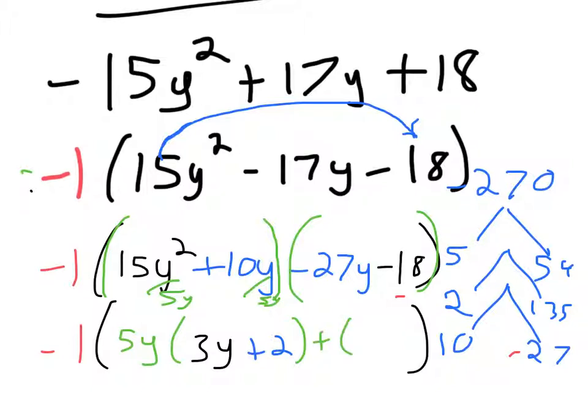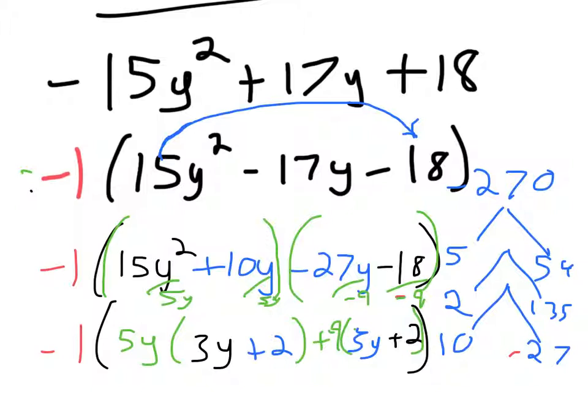So now let's do the same thing for the next green parentheses. We have negative 27y subtract 18, and we don't like negatives, so since both those are negatives, let's try to factor out a negative term from those. Both those are divisible by 9, so let's take out a negative 9, and write what's left over. Divide that by negative 9, divide that by negative 9, what you have left is a 3y from that blue one, and you have a positive 2.